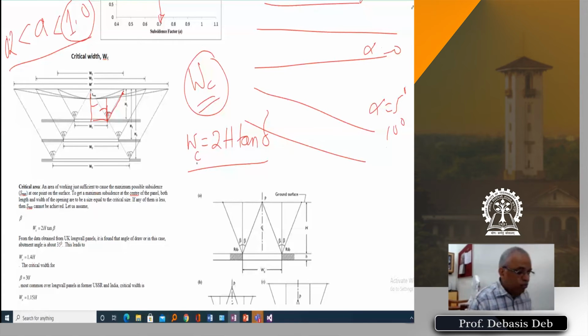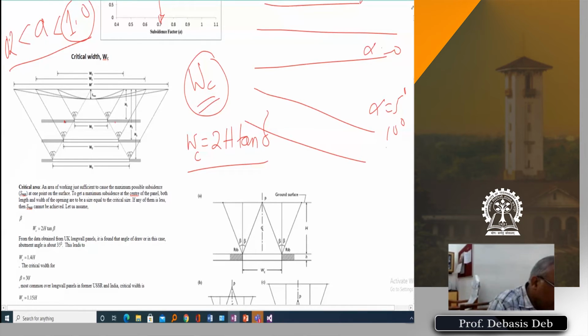Now you see, let's assume this width right here is a little bigger. And we have the same angle from here to here, and you see this point comes above the surface.